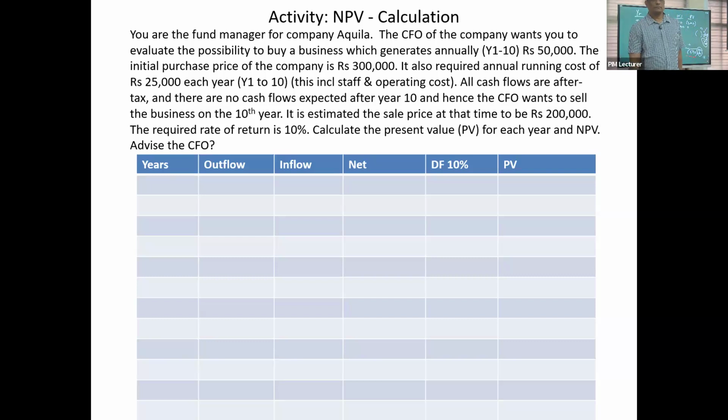Read the question. Calculate the present value for each year. Present value for each year. But people write emails, sir, I got the same answer as my friend, you gave 10, I got 1. So what can I do?